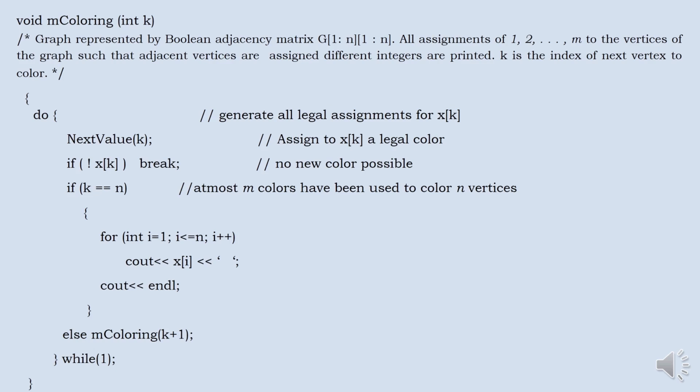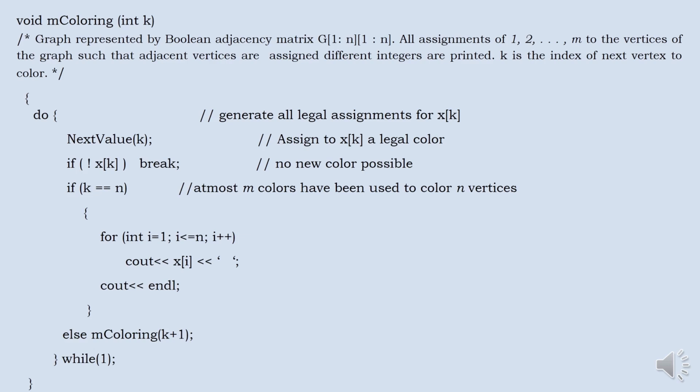Next, we are going to use one of the m colors 1, 2 until m for coloring any of the vertex. So k will be representing the index of the next vertex which you are going to color.